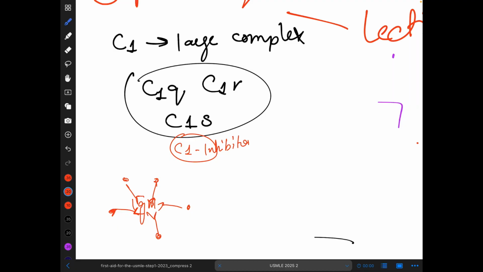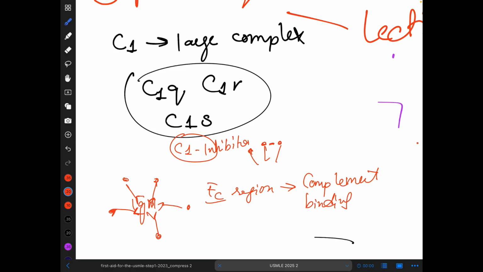And you also know there is a lower part, the Fc region, which belongs to complement binding. So if two Fc regions are close to each other, C1 is going to bind with them, and then it will be activated.